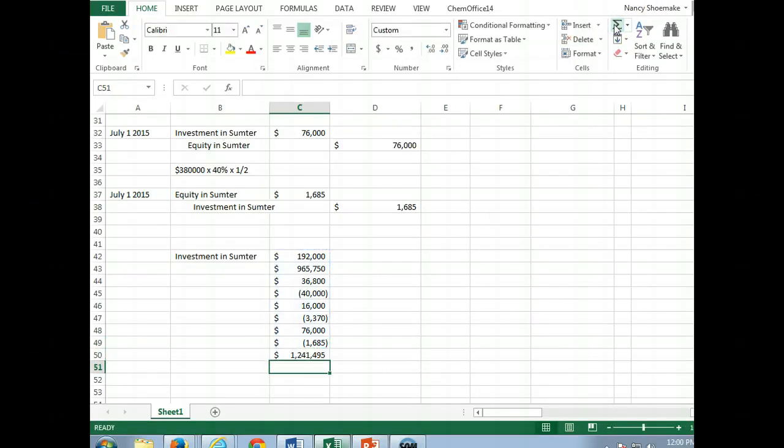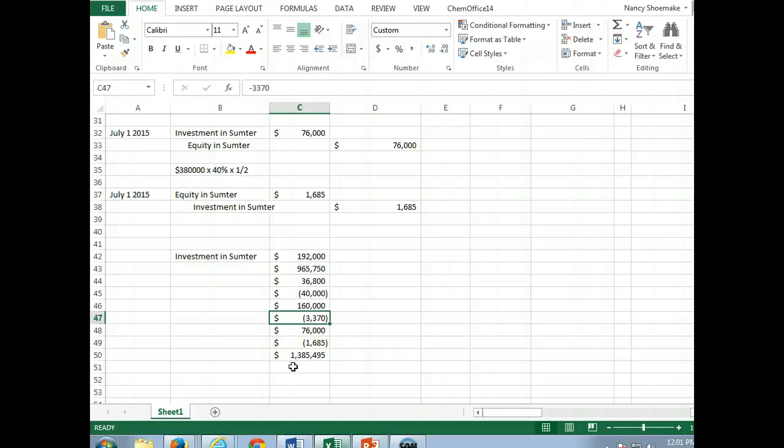So we should have 192, 965, 36.8 minus 40 plus 160. 160, there it is. $1,385,425, but we're only selling 25%.